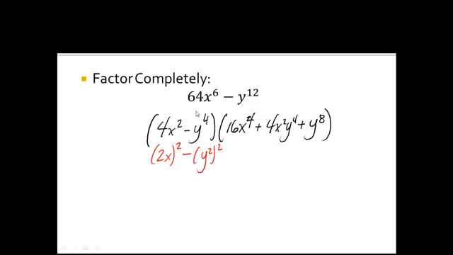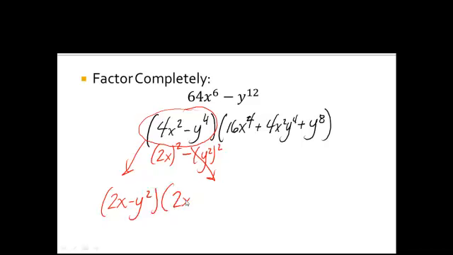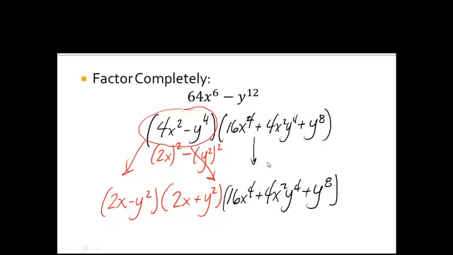So now I can take this thing here and blow it up into a difference of squares. So now I get 2x minus y squared and then 2x plus y squared. And now that black thing, for all intents and purposes, I'm not going to be factoring that anymore, so I can bring that down. Alright, and this is my final answer.